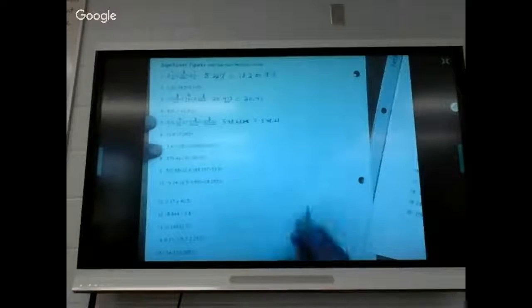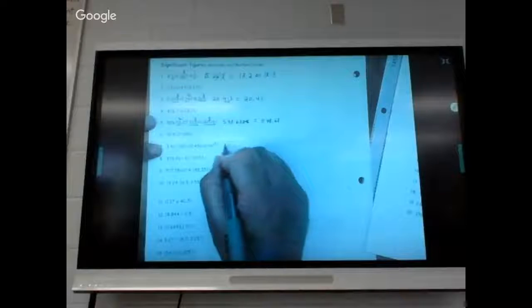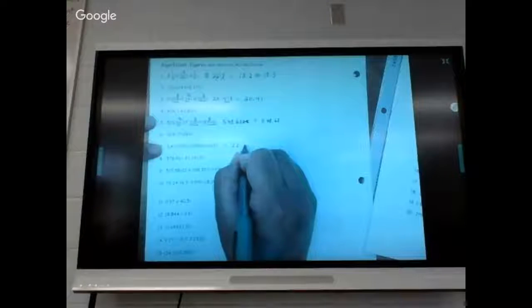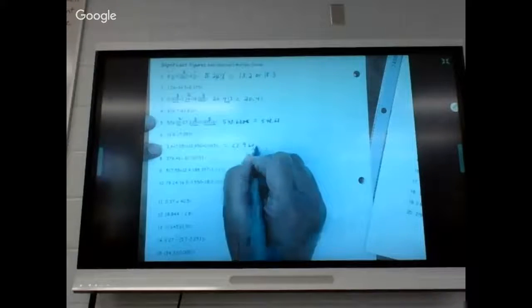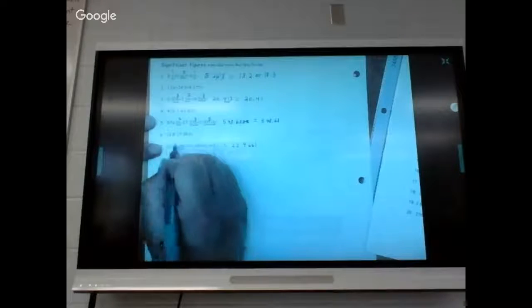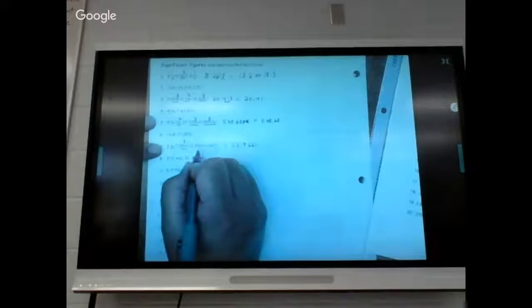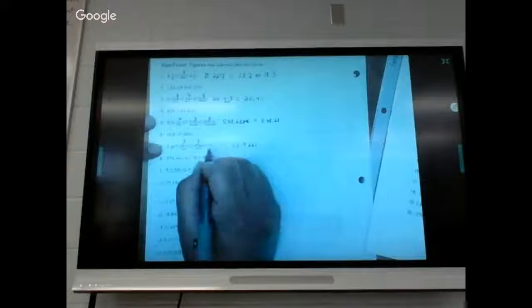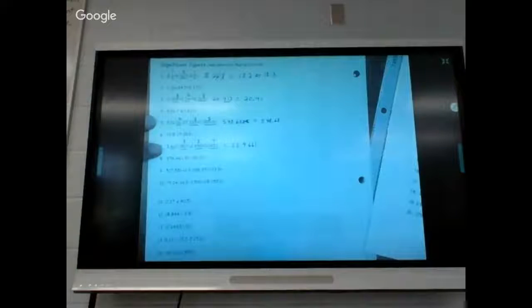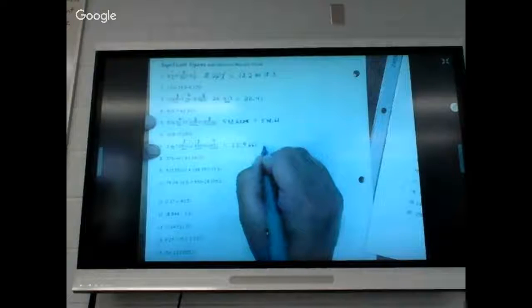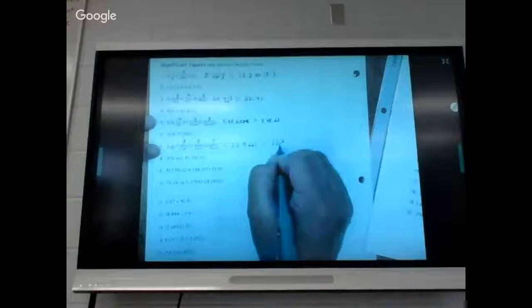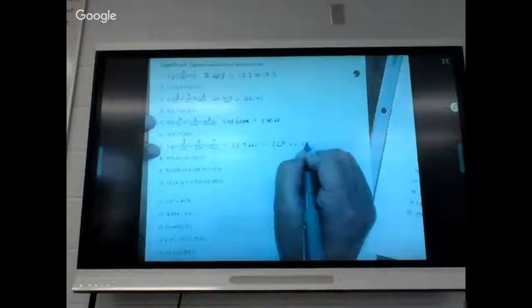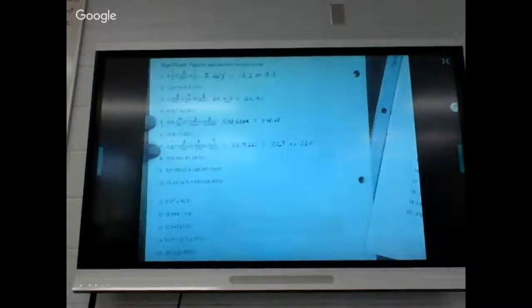Number 7, we get 22.9661. We have 1, we have 3, we have 3, we have 4. The least number is 1. So either 22.9 or 23.0 if you rounded up that 9.